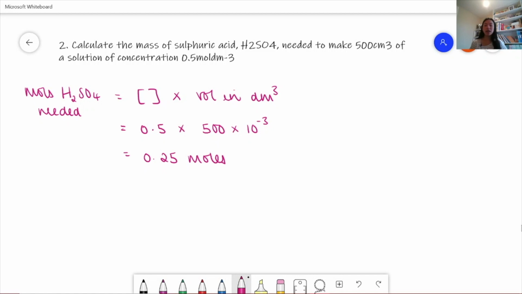And so now we can work out our mass required, because we can rearrange the mass, moles, and molar mass equation.